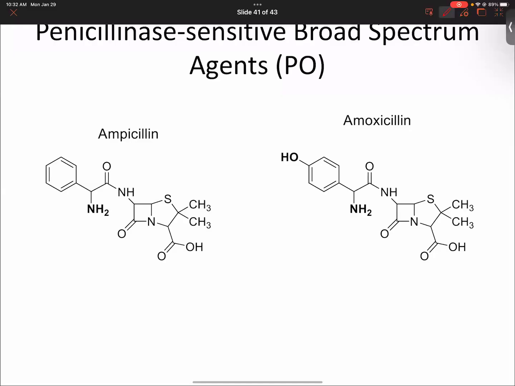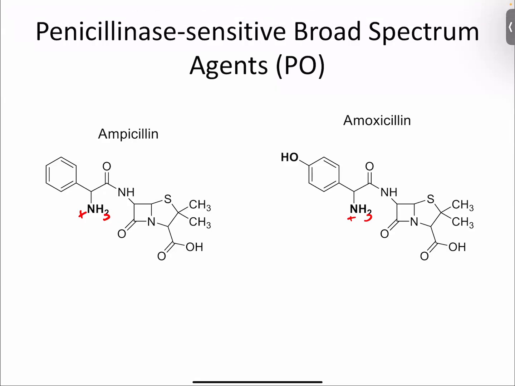And the reason for that is that under acidic conditions in the stomach, that amino group in the side chain is serving as a base, so it grabs onto a proton. It has a positive charge all of a sudden, and that positive charge is actually going to pull electron density away from the carbonyl groups in the side chain.